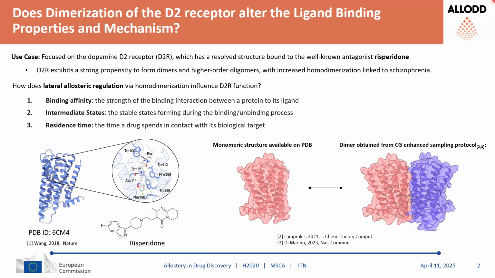As an initial use case, we selected the dopamine D2 receptor bound to the well-known antagonist risperidone. The point was to see whether this lateral allosteric interaction could alter, for instance, the binding affinity of risperidone, or the residence time, or also the binding modes and the intermediate states forming during the process.